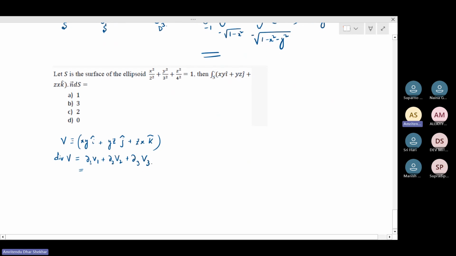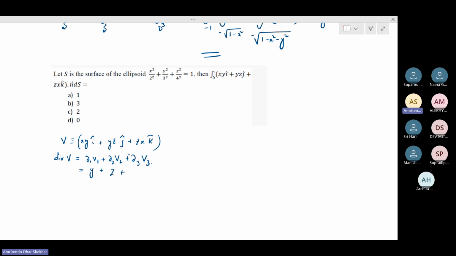So del 1 of V1 is y, del 2 of V2 is z, and del 3 of V3 is x. So the divergence is just x plus y plus z.